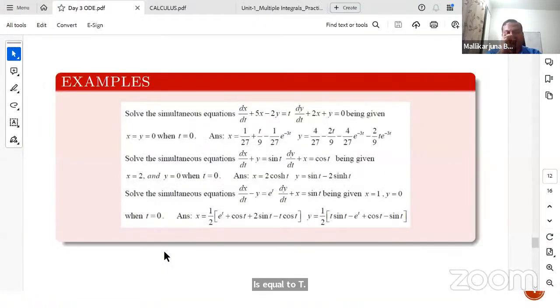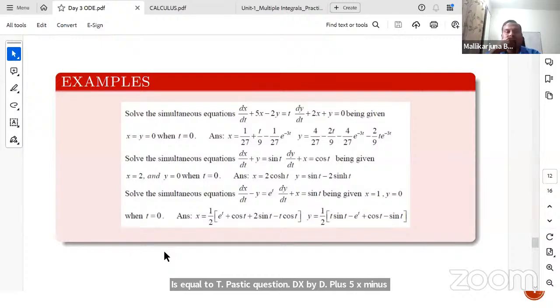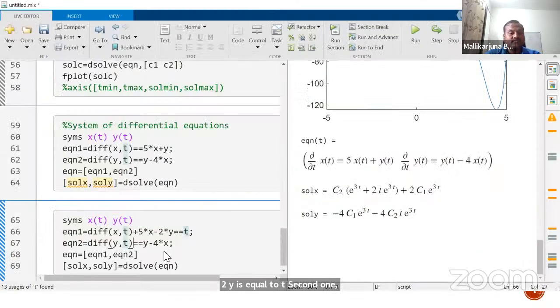That is the first equation. Second one, dy by dt plus 2x plus y is equal to 0.